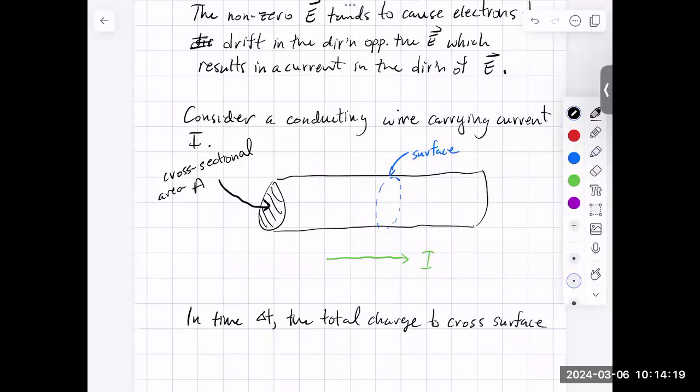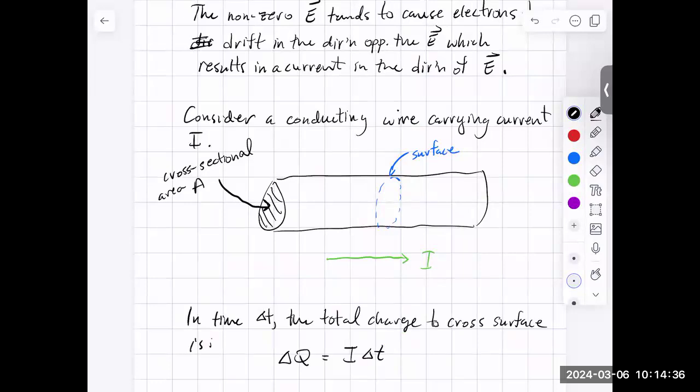No, sorry, it's a blue surface. Blue surface is, well, just by definition of current, delta Q divided by delta t. So if I solve for delta Q, it's just I, the current, times delta t.